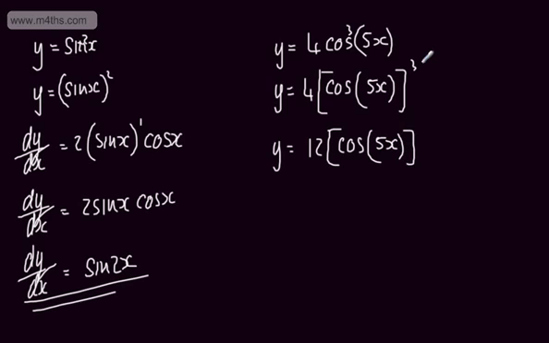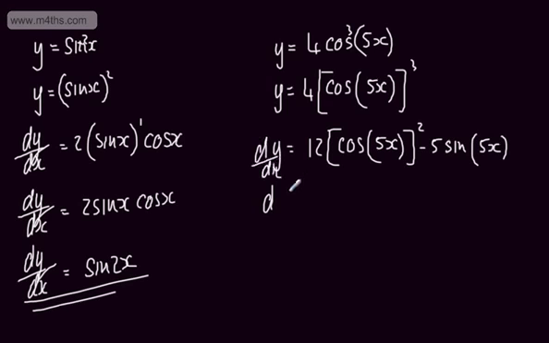We drop the power by 1 and multiply through by the derivative of the inside function. So again, we're using the chain rule on that inside function, and the derivative will be minus 5 sine of 5x.